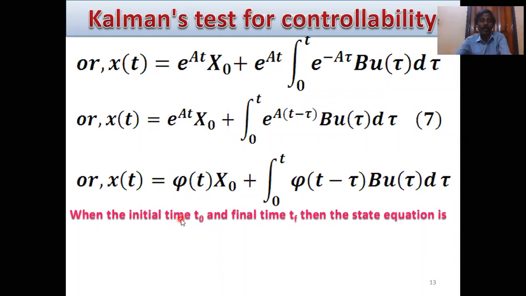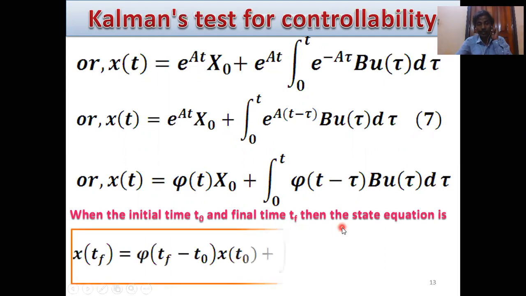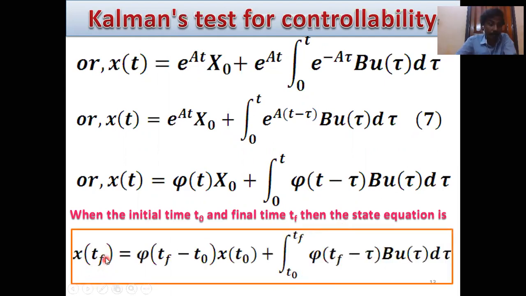When the initial time is t0 and the final time is tf, the state equation is x(tf), putting t equals tf: phi(tf minus t0) x(t0) plus t0 to tf phi(tf minus tau) b u(tau) d tau. This is the state transition matrix.